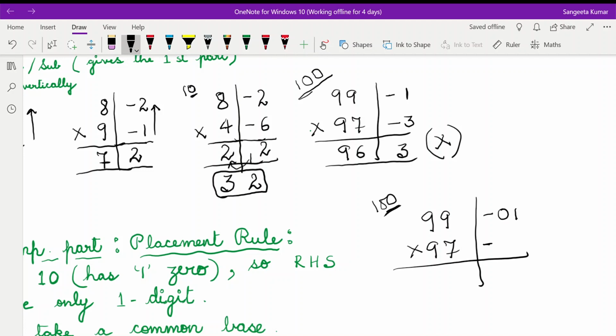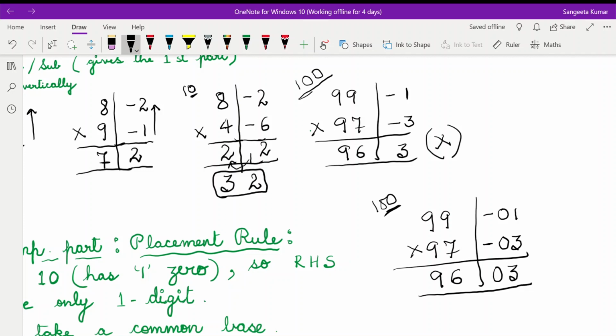Likewise, not minus 3 but minus 03. So now when we do, again the left hand part will be 96 and the right hand part, minus 03 into minus 01, will give us plus 03. And our correct answer of this is 9603. I hope this is clear to all of you.